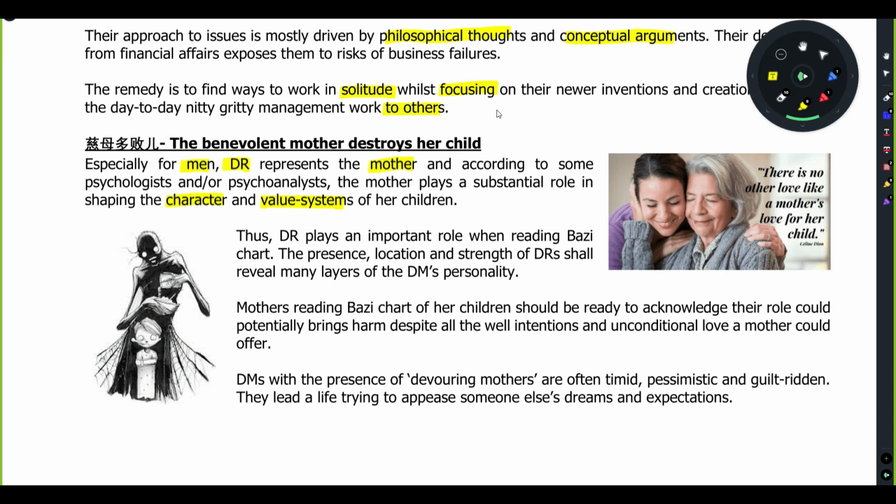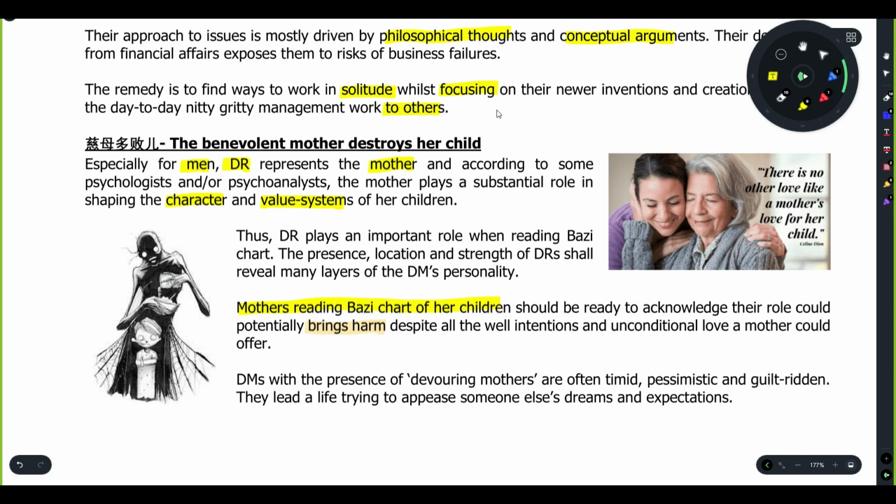So what happens here is for mothers who read the chart of their own children, for them to be ready to acknowledge that despite the love that they have for their children, despite what they want for their children, sometimes, despite all the good intentions, their actions bring harm.